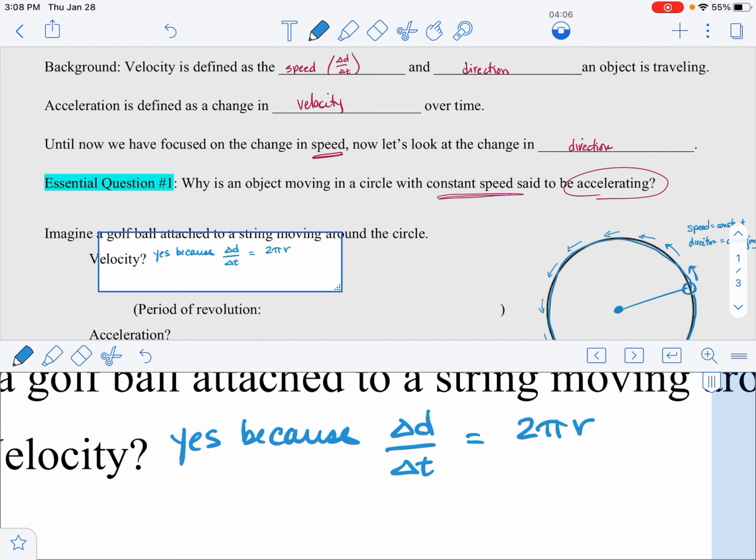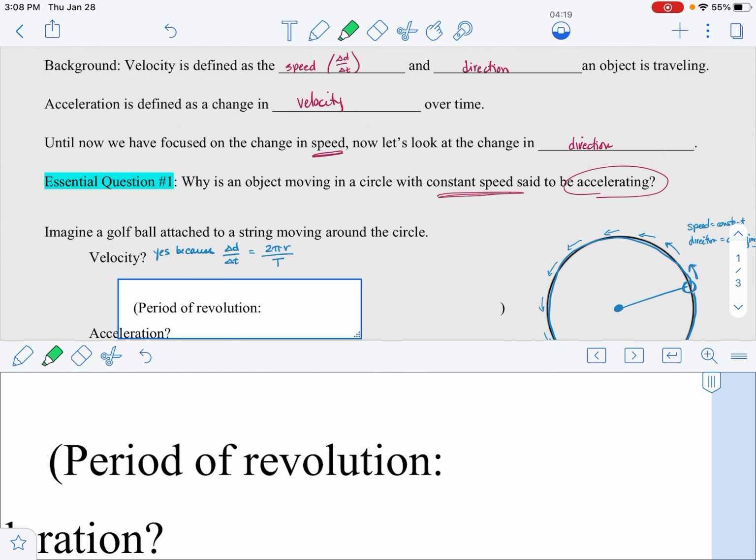And the time is going to be really specific, and we're going to call the time capital T, okay? Now, T always stands for time, whether it's a capital or a lowercase. Capital T is very specific. Capital T means the period of revolution. What does that mean?